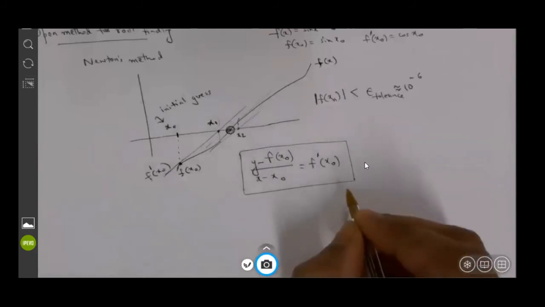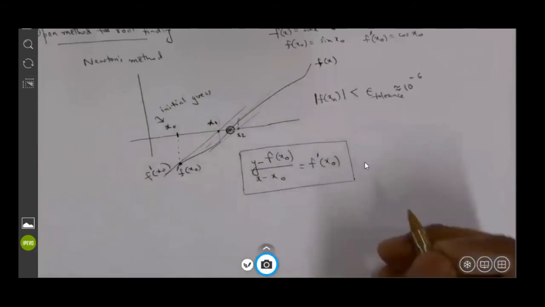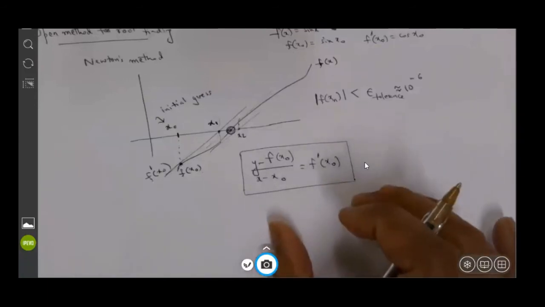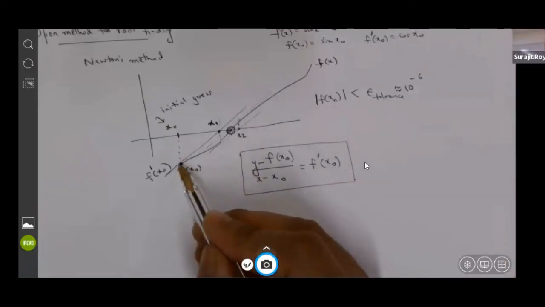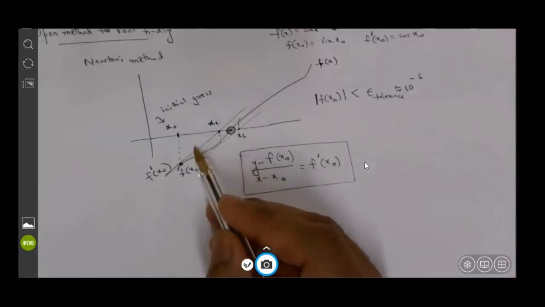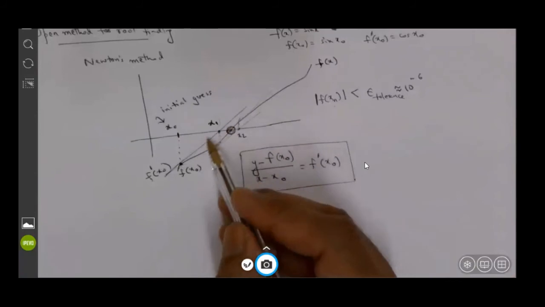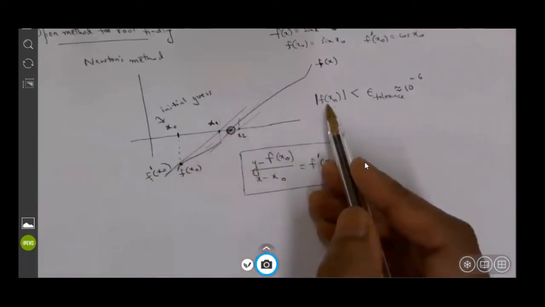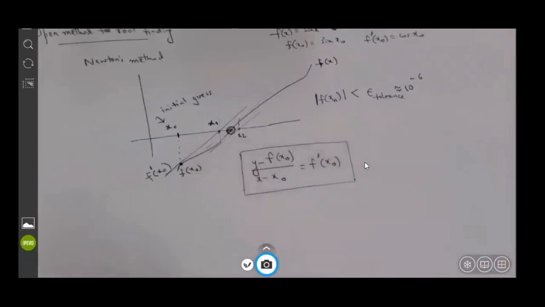Wait, Professor, what happens when it passes the zero point? When x to the n passes the point where the function equals 0.